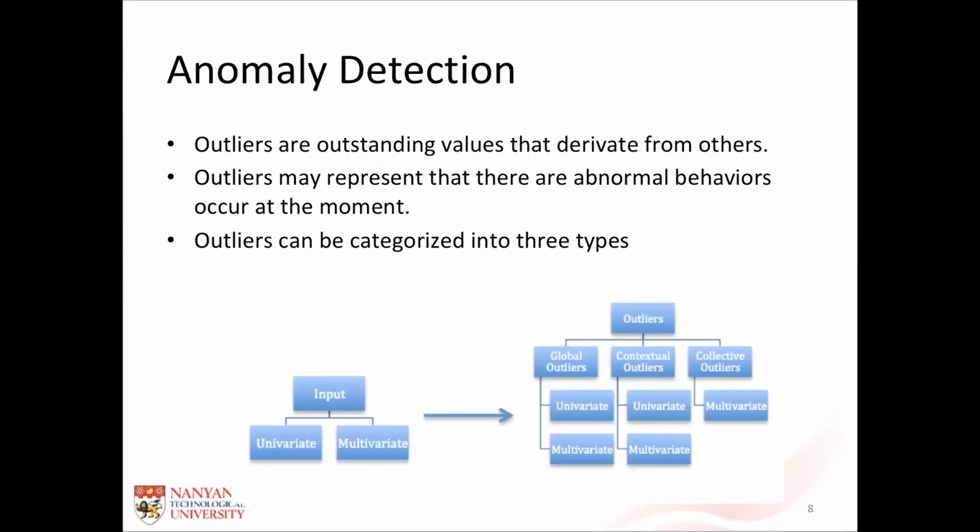Then we come to anomaly detection. Anomaly detection, in other words, is outlier detection. It tries to find the outliers, which have outstanding values compared to the others. These outliers may represent abnormal behaviors.